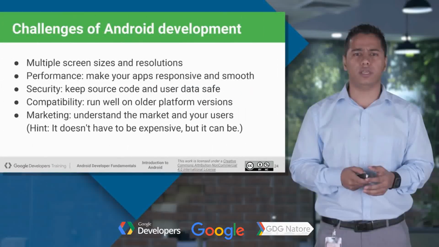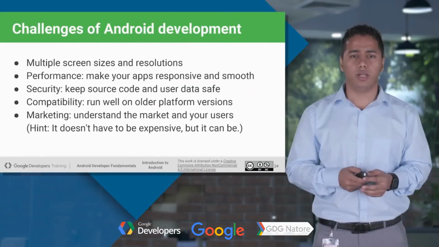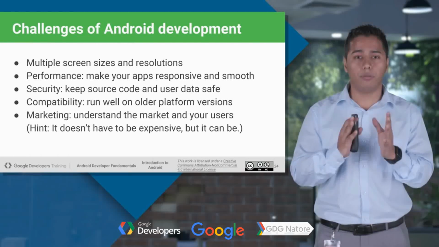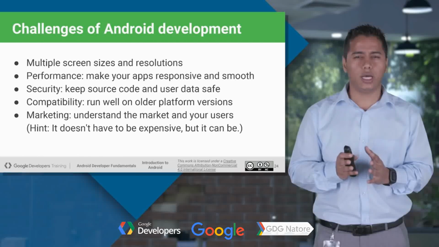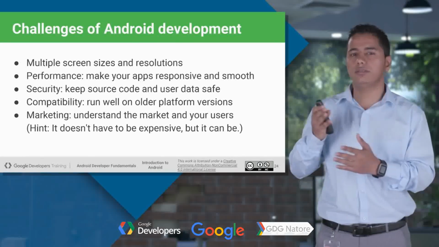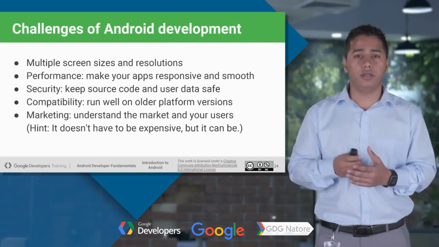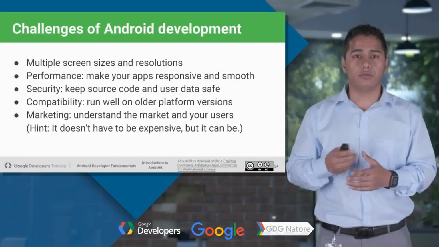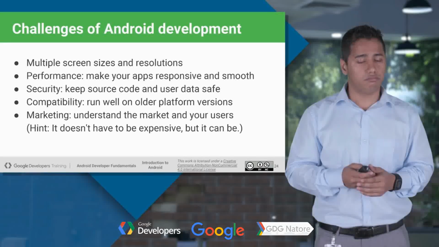So what are the challenges you face when you are doing your application development? Well, most of the time you are going to face that you are designing for a particular screen, and whatever UI you have designed for that particular screen is not looking the same in a different screen resolution or different screen size. So we have a way to fix that also. And the performance.